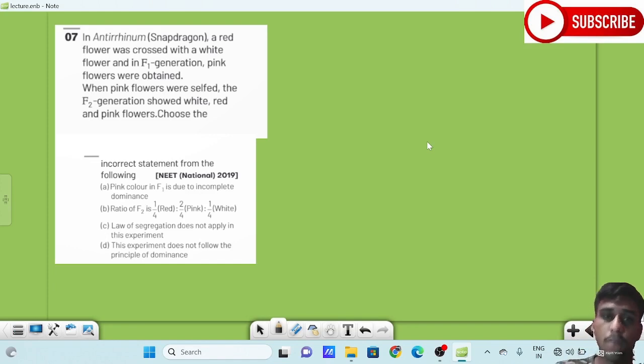Incomplete dominance and codominance are examples of intragenic gene interaction. In these, both the genotypic ratio and phenotypic ratio will be equal, which is 1:2:1.